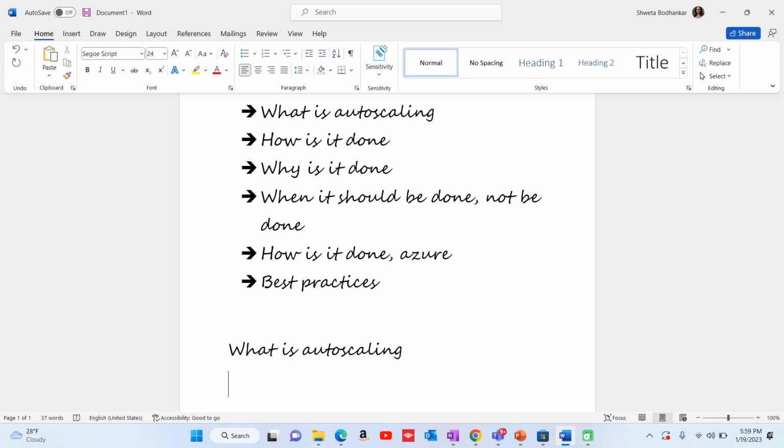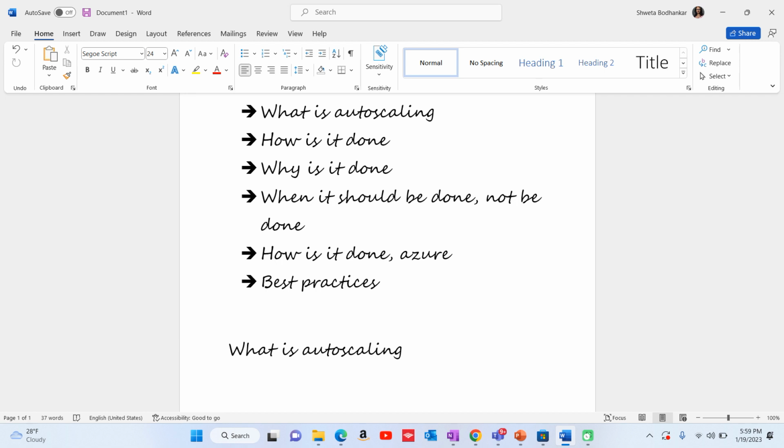Okay, so what is autoscaling? As I mentioned to you, what does scaling do? If you really want your application to be available all the time, then you have to ensure that you are on the best possible resources, best possible number of servers underlying, right? But the challenge with that will be your cost will be very high.